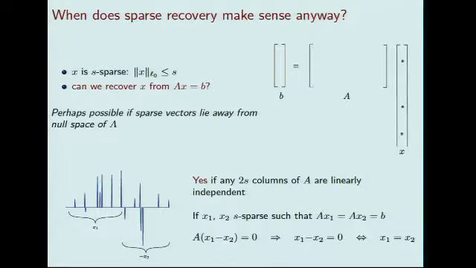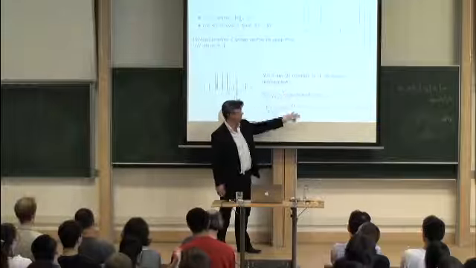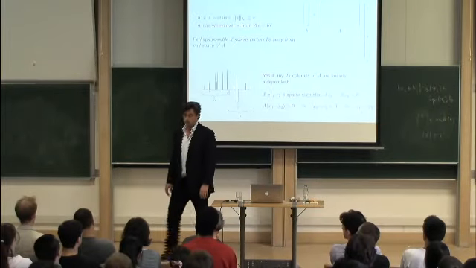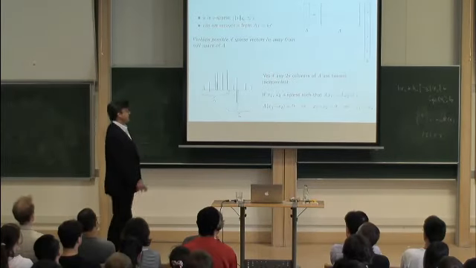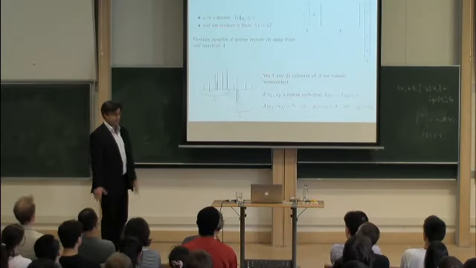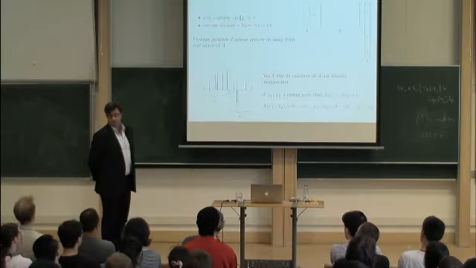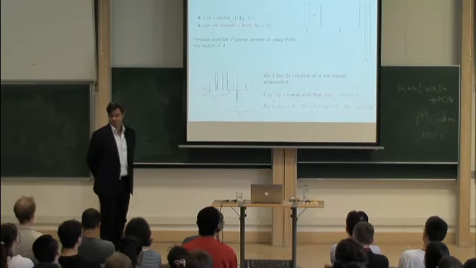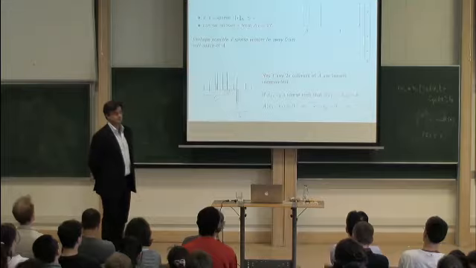And I know that every subset of two S columns is linearly independent, so the only way that can happen is if X1 minus X2 is 0, that is, if X1 equals X2. And so if you give me a matrix that has any two S columns linearly independent, and I find an S sparse solution, that's the only one. All the others will be denser, I'm sorry.